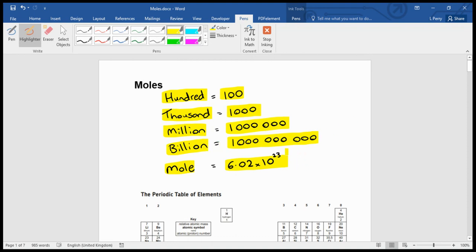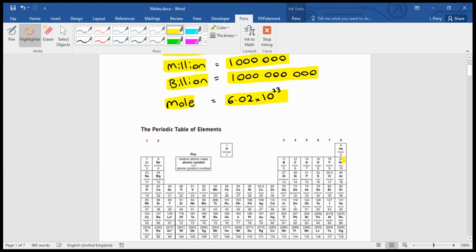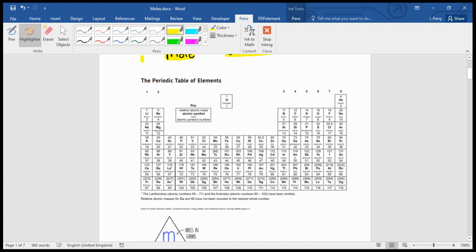Now, the reason it's such a weird number is because, well, it's really useful in chemistry. It is the exact number of atoms in 12 grams of carbon or in 24 grams of magnesium or in 73 grams of germanium or in 96 grams of molybdenum.